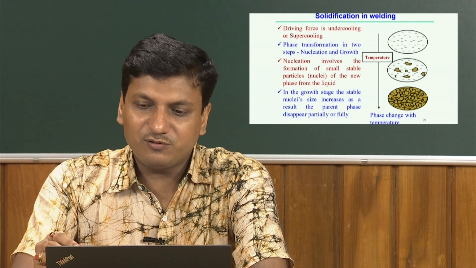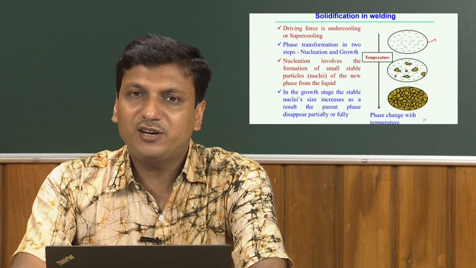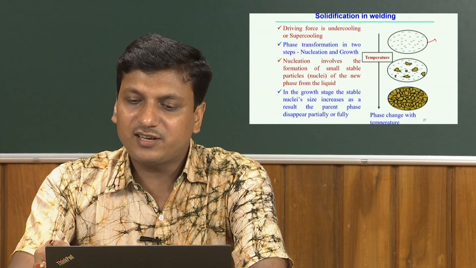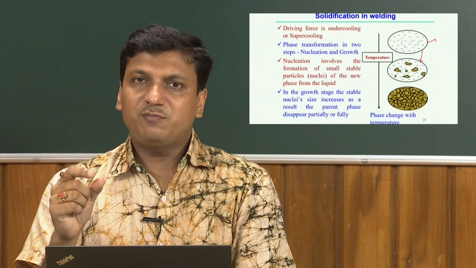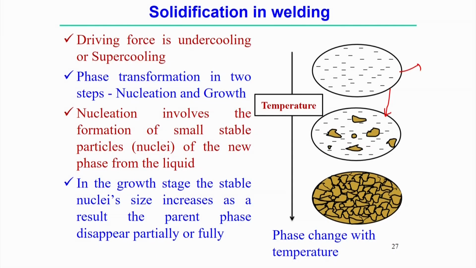If we look at this picture, suppose this is the liquid metal. When this liquid metal comes from the superheat temperature to the liquidus temperature, there is a start of the formation of small nuclei, small particles, and those particles and the liquid metal coexist.